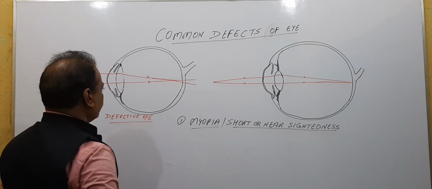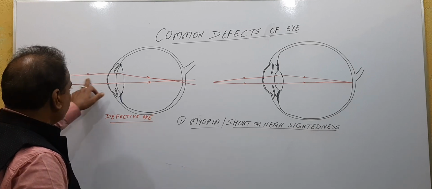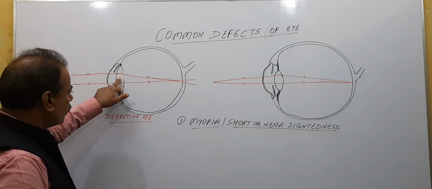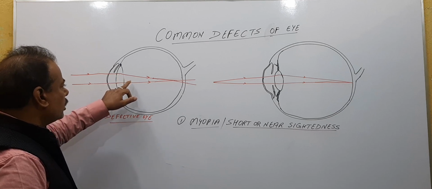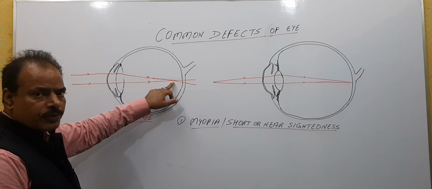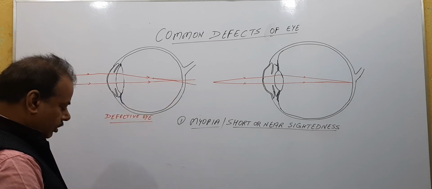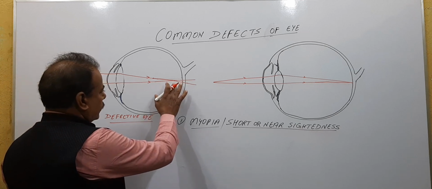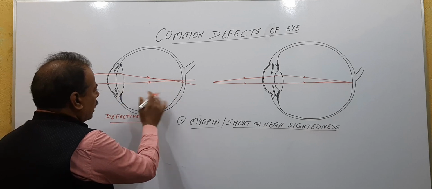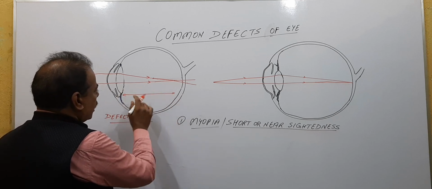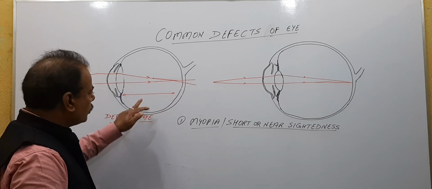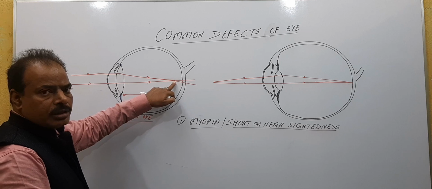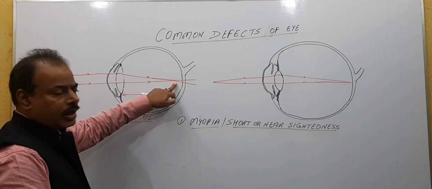So in the defective eye, light enters and the lens is more convex, so that the image formation takes place before the retina and the person can see near objects clearly but can't see far objects. The second reason is length of the eyeball. Here length of the eyeball increases. So due to increased length of eyeball, image formation takes place before the retina and the person cannot see far objects.